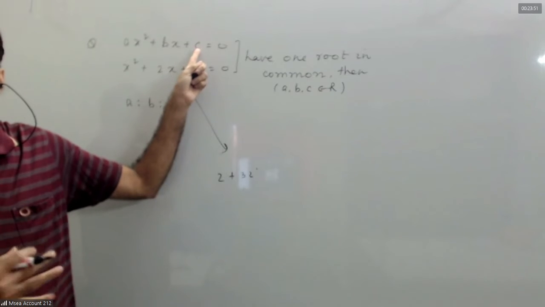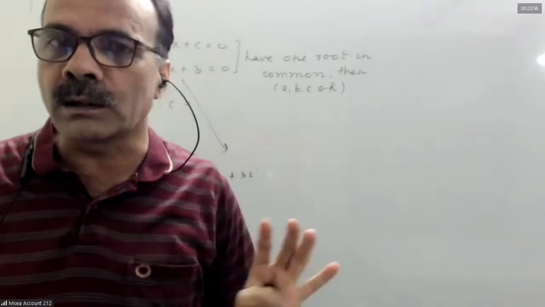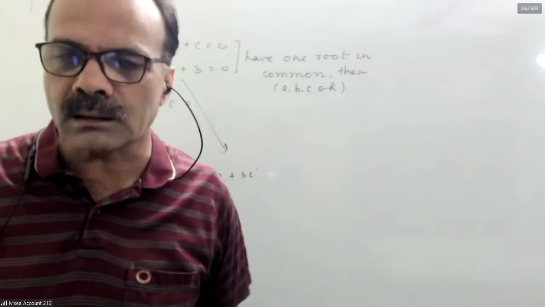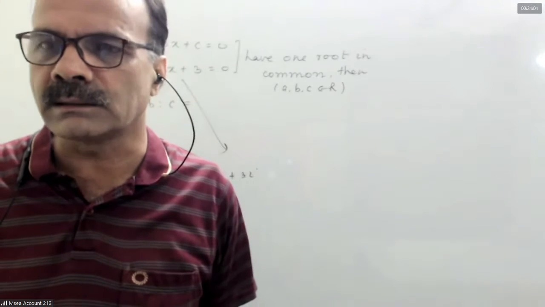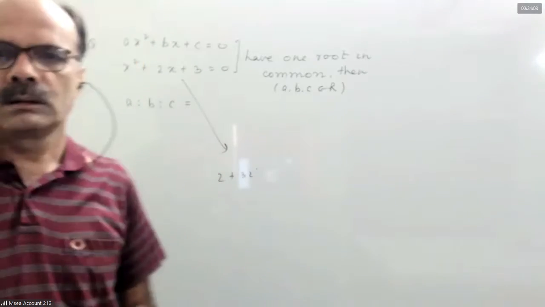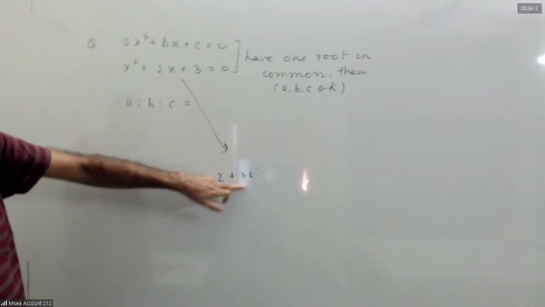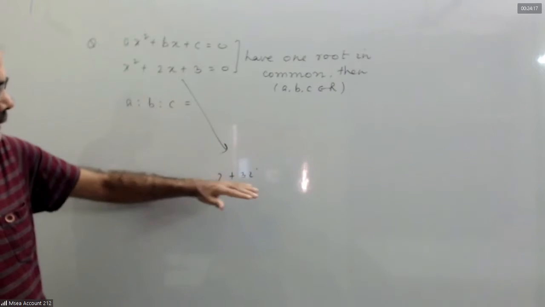Got it or not? Yes, sir. If one root is common and roots are complex, then both the roots are common. Can I say it? Just for example, this is not the root of this, I am just giving an example.